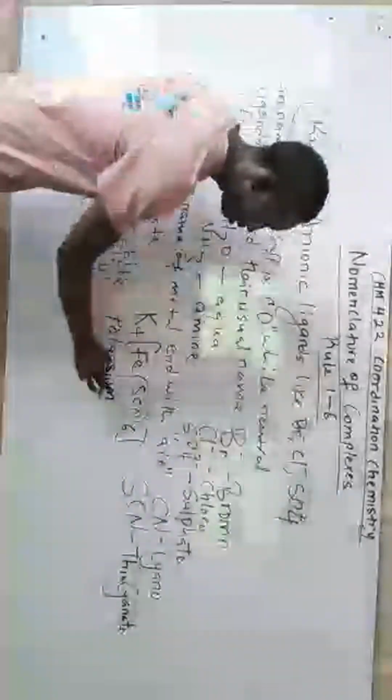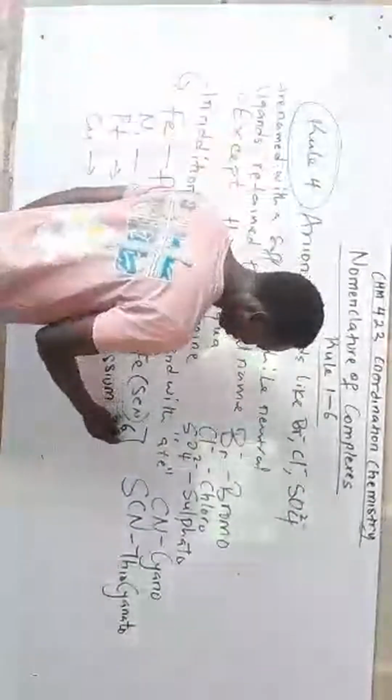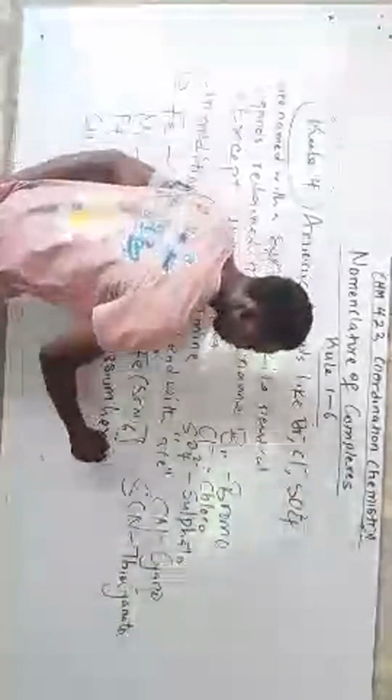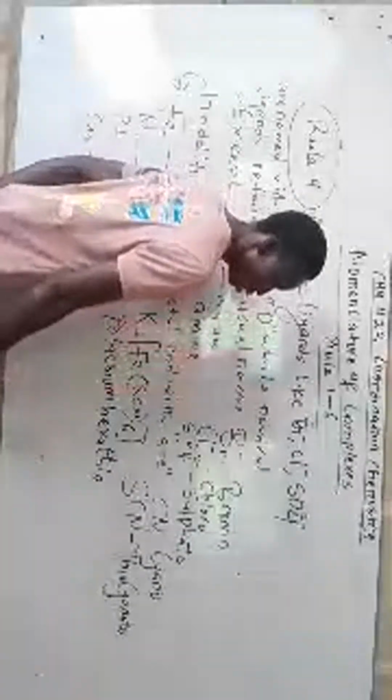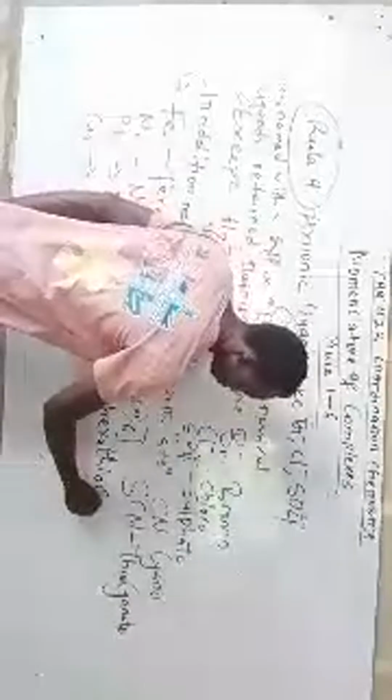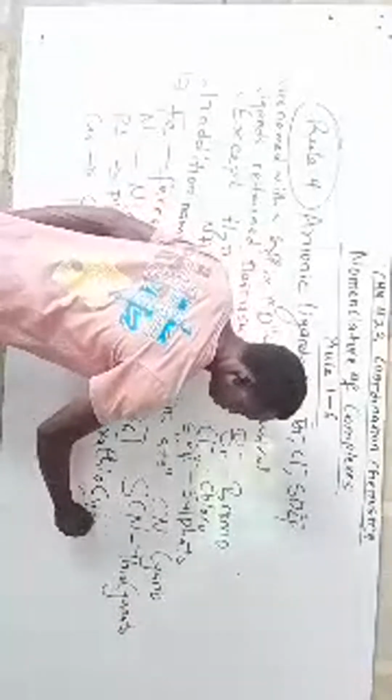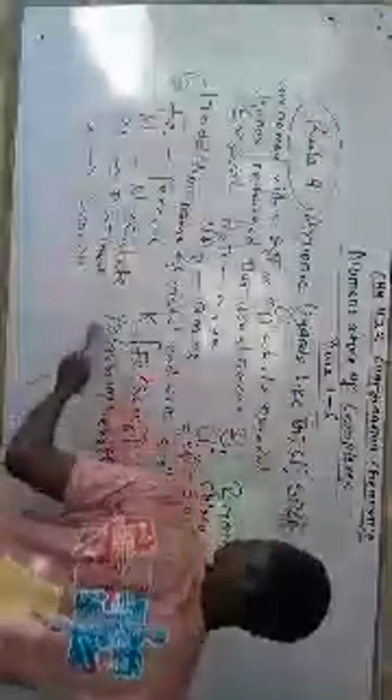Ammine. So if you want to name this compound now, this is potassium, followed by this one here, 6 of it. That is hexa, thiocyanato. After the thiocyanato, what we follow is what?